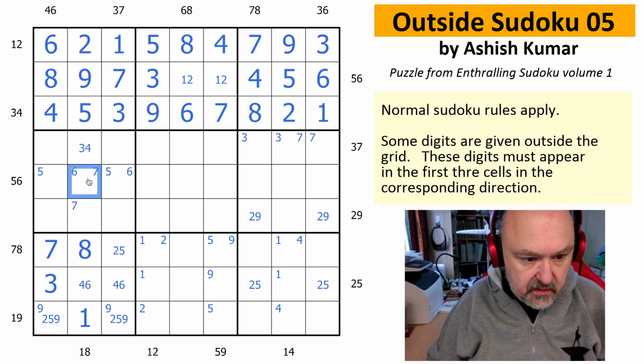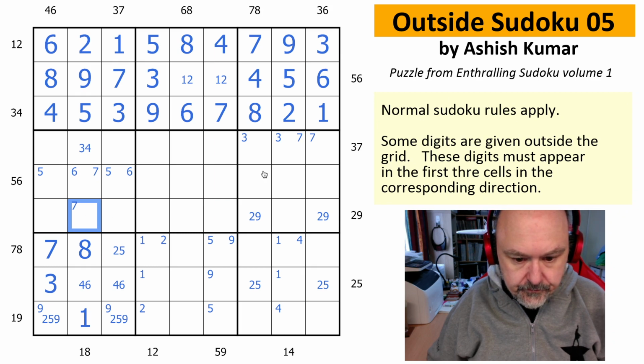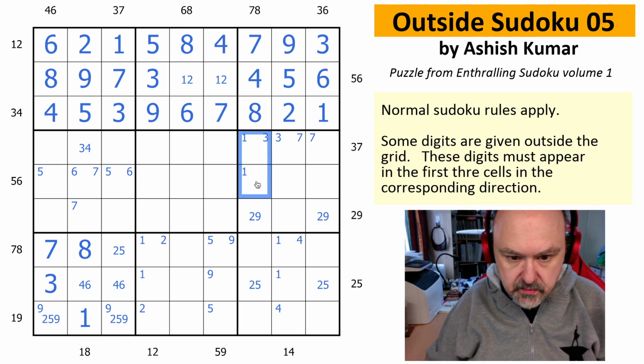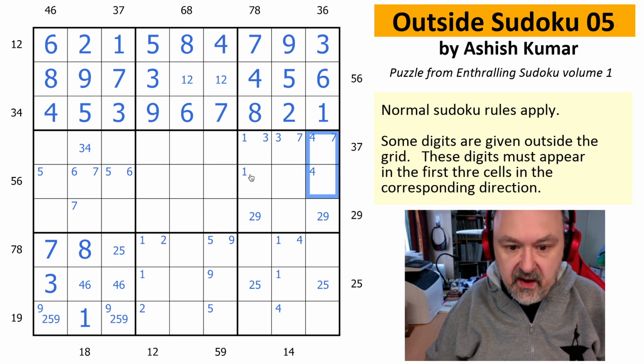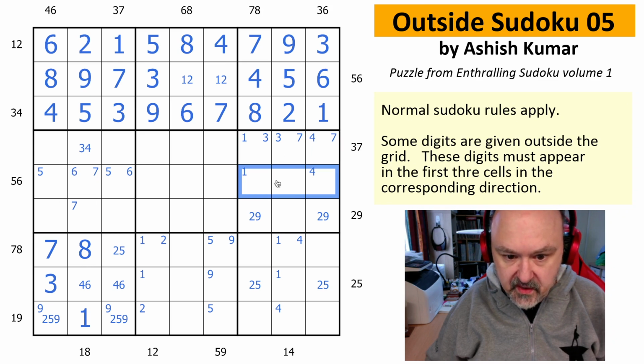So these are... So 1 is in one of those two. 4 is in one of those two. 5 is in one of those two, because 5 can't be there because of that 5. 5 can't be here because of that 5, and this is filled.